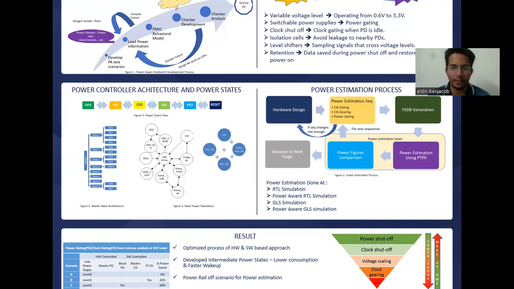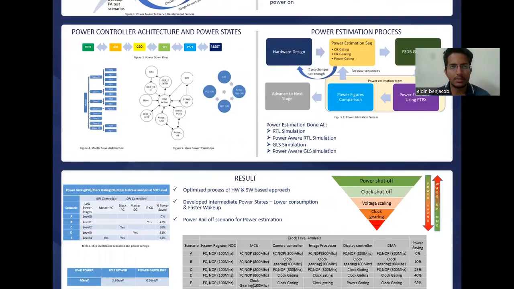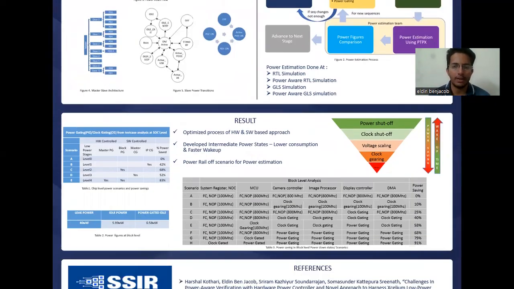So we have different power estimation sequences like clock gating, clock gearing, and power gating. Then a combination of these techniques will be used for generating a particular stage scenario based FSDB and given for power estimation. If the power estimation values do not match, this will go back as an iterative process. This power estimation is done as part of RTL simulation, power aware simulation, GLS simulation, as well as power aware GLS simulations.